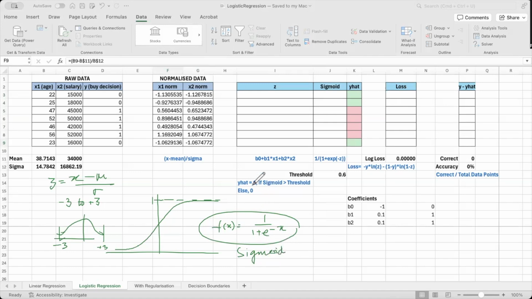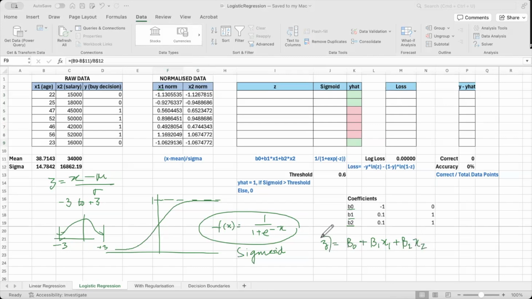Now in this case, we have two independent variables, x1 and x2. So we will have to find three coefficients: the intercept b0, b1 for x1 and b2 for x2. So basically we have to find a z which is equal to beta 0 or b0, I have written it to avoid the Greek alphabets, plus beta 1 x1 plus beta 2 x2.